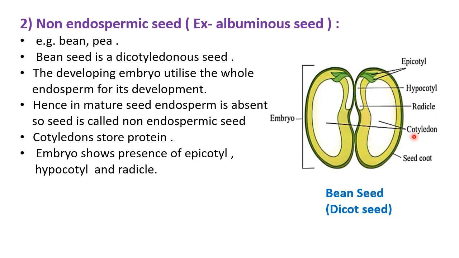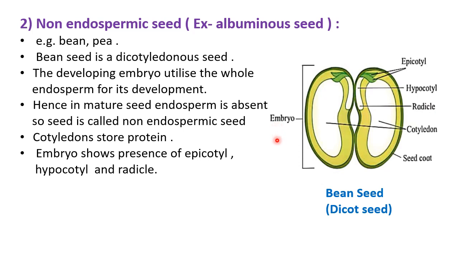In bean seed, the developing embryo utilizes the total endosperm for its development. Hence, after the maturity of seed, endosperm is absent. So, the seed is called non-endospermic seed. The cotyledons store protein.